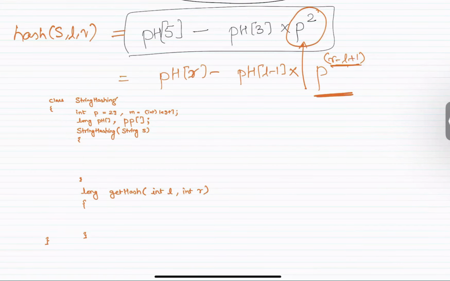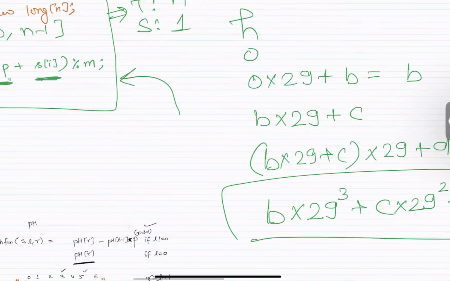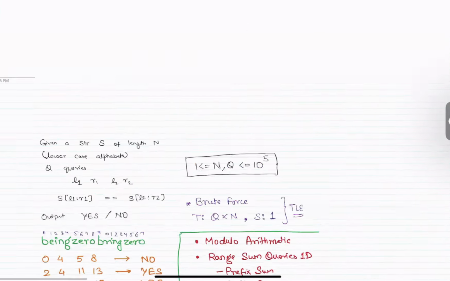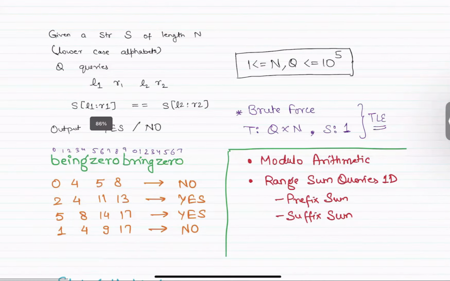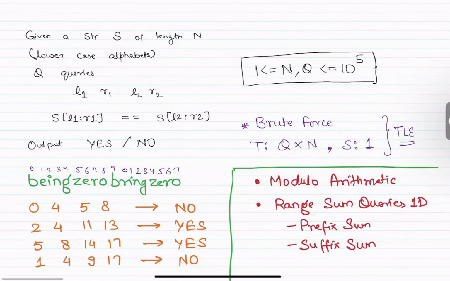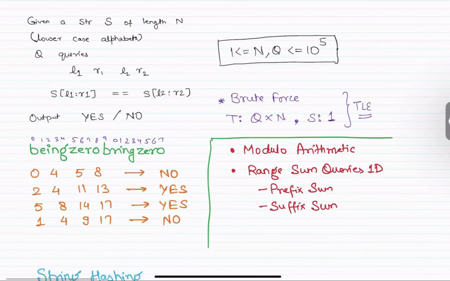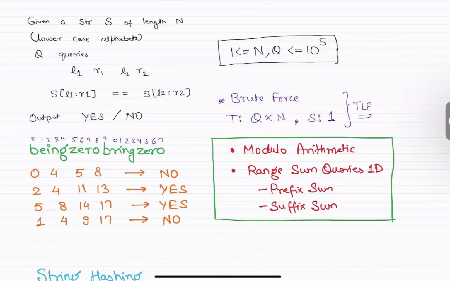So imagine if you have this string hash class implemented. Then I want you guys to tell me, using that class that we built, first of all, how will you use that class? And if you use the class, what is the time and space complexity of our solution? Using the StringHashing class that you implement, I want you to comment on time and space.